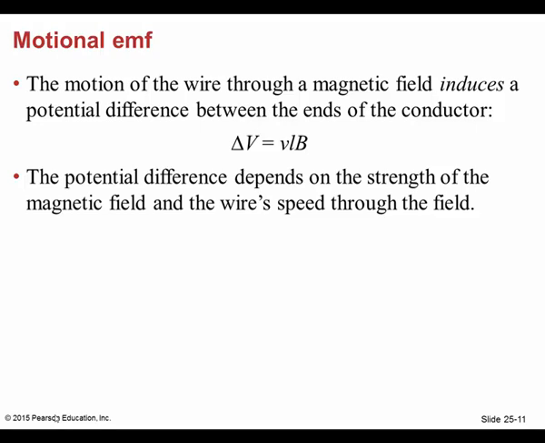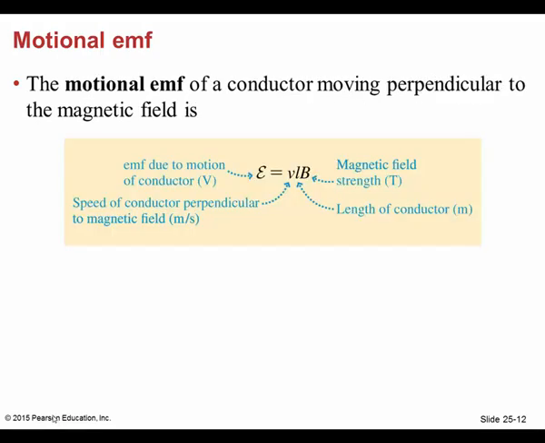So the motional EMF, and I hope you're writing these equations down, to find the voltage through a conductor that's being moved through a magnetic field, we take the speed times the length times the magnetic field to find the actual amount of voltage, okay?